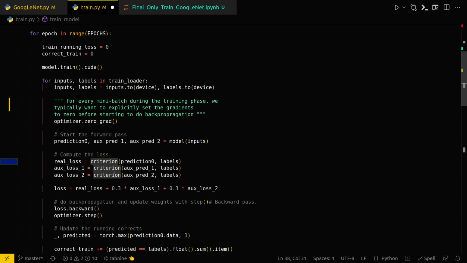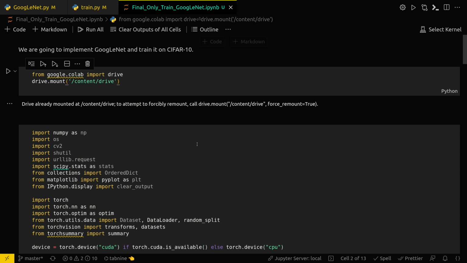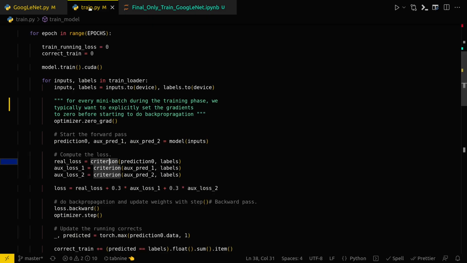And the criterion: this is a multi-class classification problem. So my criterion will be chosen in this Jupyter Notebook, and that will be nn.CrossEntropyLoss. Okay, I'll come back to that later. Let's go back to my train.py file. The loss is very well described in the paper. It is a weighted average loss.